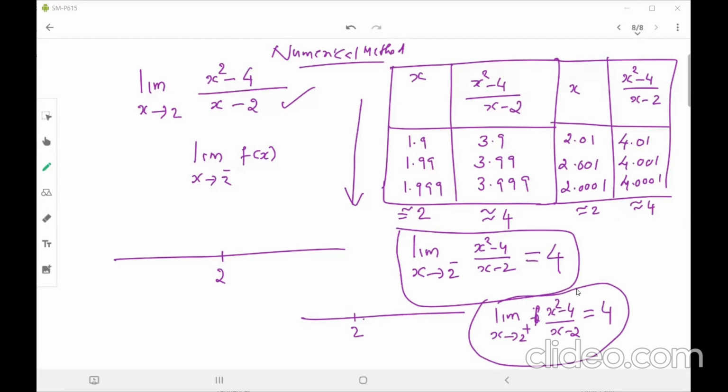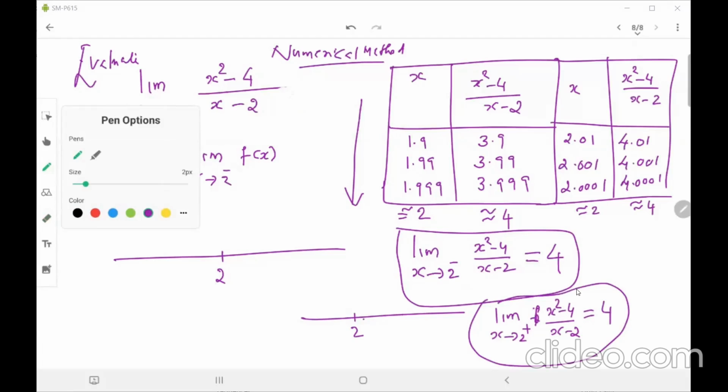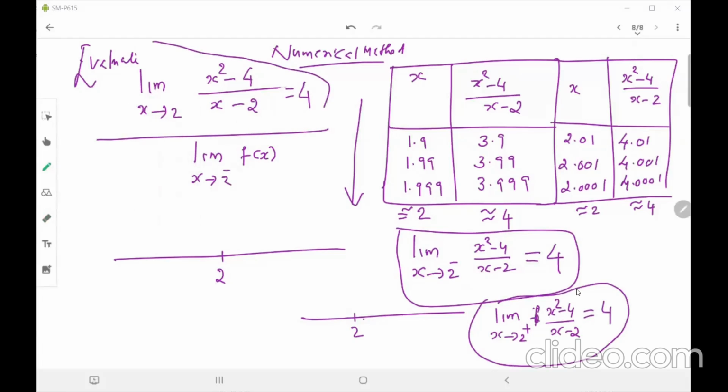I can say, this is the question, evaluate this limit. So this limit exists. What I conclude here is this limit exists and the limiting value is equal to 4. This is my conclusion. And this method, I tried numerically.